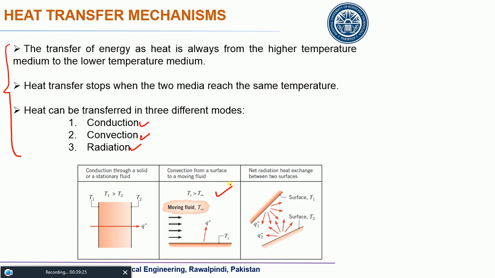Air is blowing over that surface, and there would be a temperature difference as well. If there is a temperature difference, heat would start flowing from one fluid to the other. But because fluid is involved, that heat transfer is being carried out through the motion of the fluid. That kind of heat transfer is known as convection.